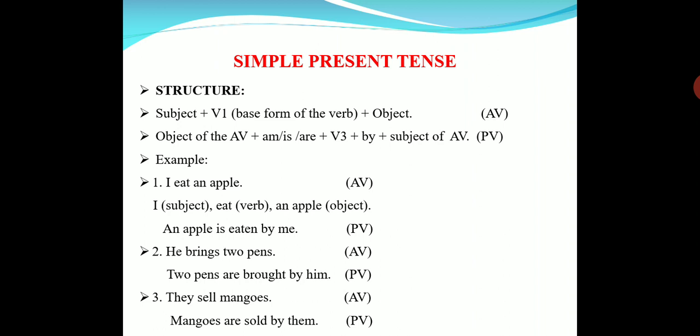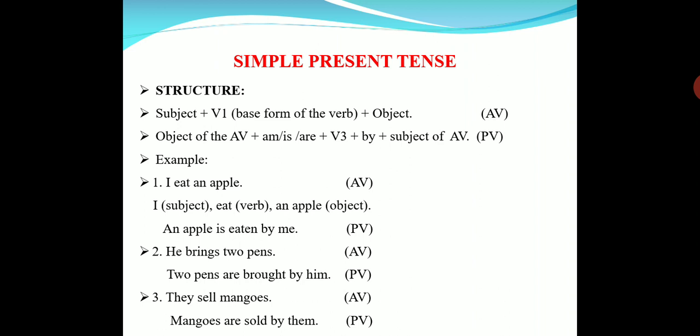Is. What is the V3 form of eat? Eat, ate, eaten. So eaten. Next we add by. Next, I becomes me as it is in the object place, in the objective case. So the total sentence is, an apple is eaten by me.